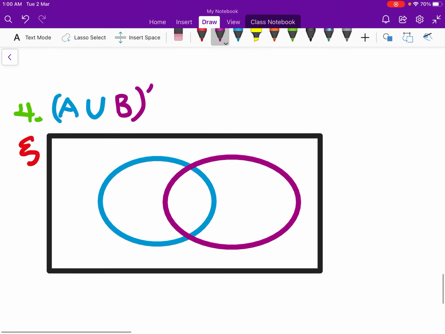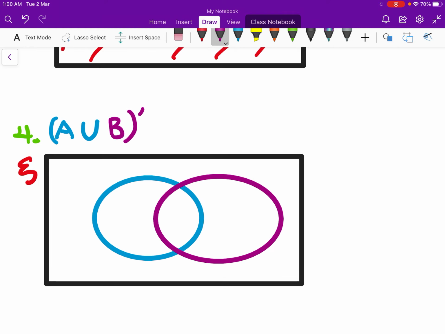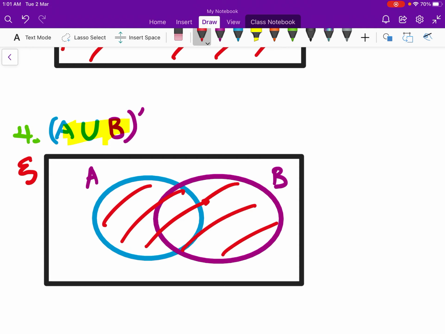Now question 4. I have bracket A union B, bracket complement. Let me put the symbol first. A union B is very simple. I do everything inside the bracket first, so just shade here.